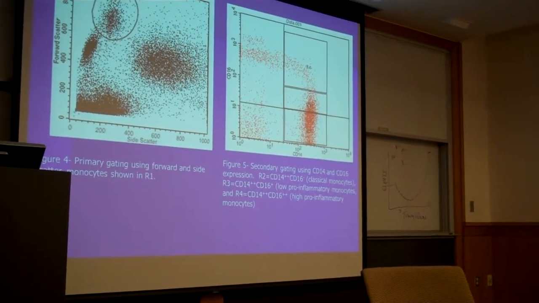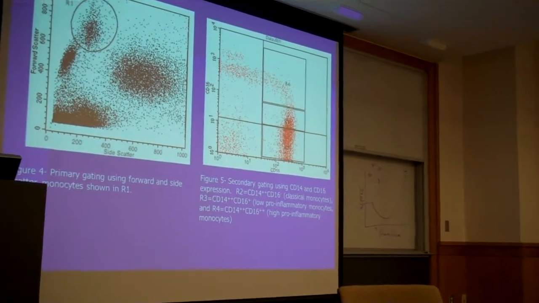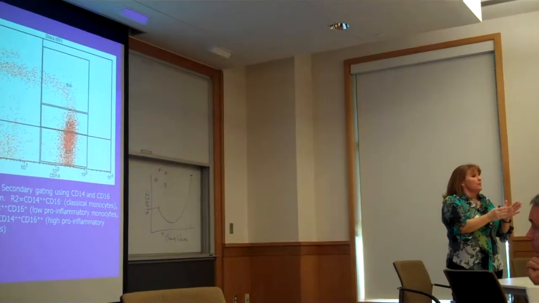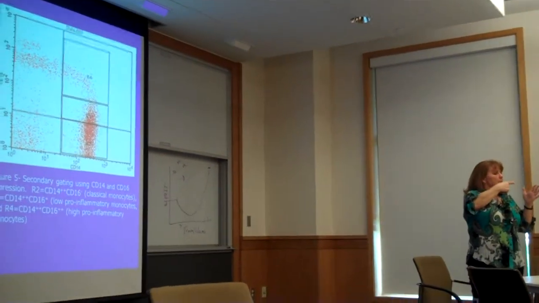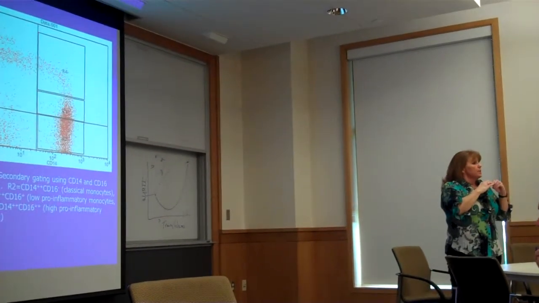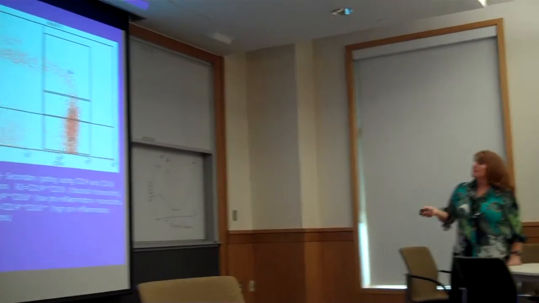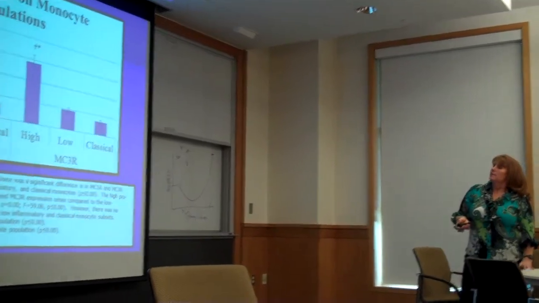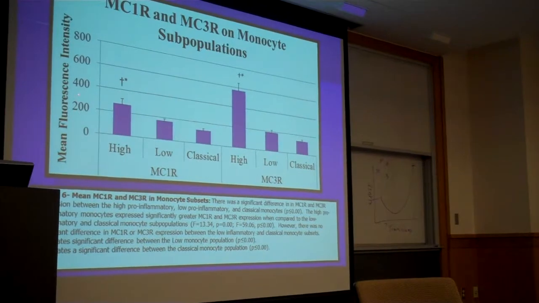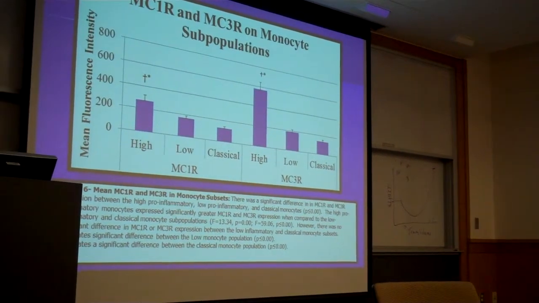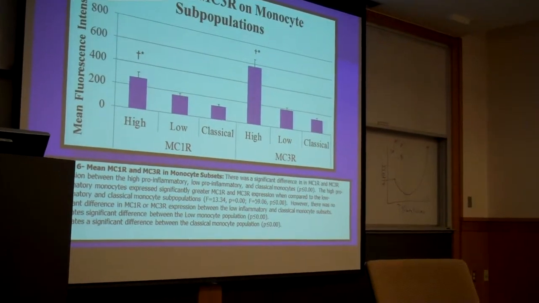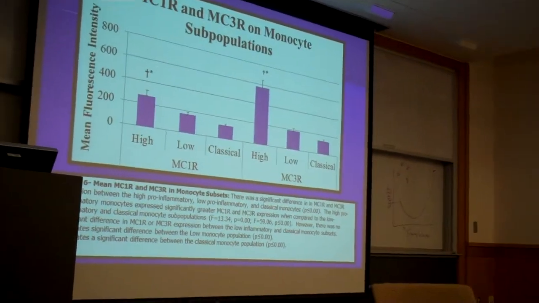It binds to your receptors, your CD14, 16, whatever. And when the cells traverse through the flow cytometer, they are excited with a laser, such that those fluorescent markers fluoresce. So that's how we get all of these cells to show up. The mean fluorescence intensity, how much fluorescence was there, is directly proportional to how much MC1 or MC3 is there. So here's what we saw.